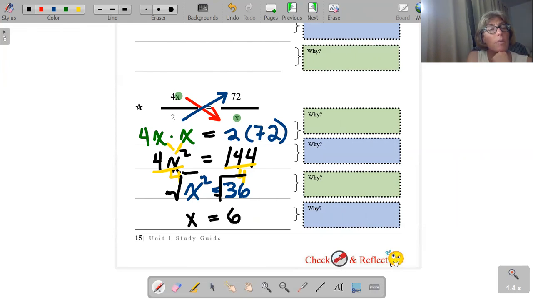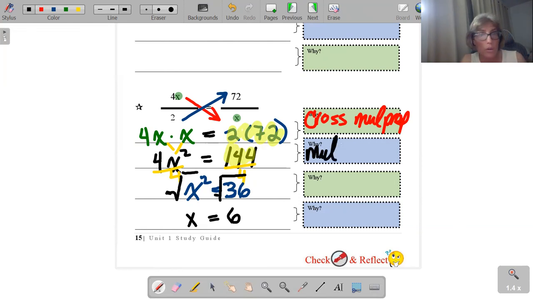And you think you're done, but now you have to do the algebraic properties. This first step is the cross multiplication property. All right, the next step, I multiplied on one side. That's called multiplication of real numbers.